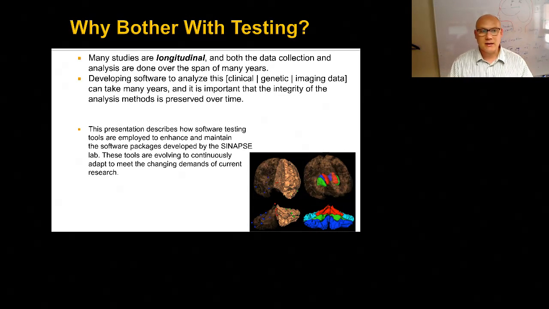So it's important that the integrity of the analysis methods are preserved over time. We need to know when a software product has changed significantly so that it doesn't introduce a bias in the longitudinal analysis. We would hate a bug to be fixed in the 5th year of a project, and by fixing that bug, have an unintended bias introduced in our longitudinal analysis.